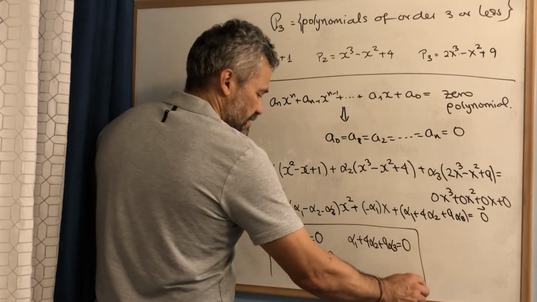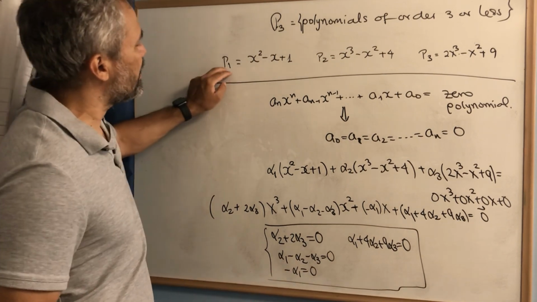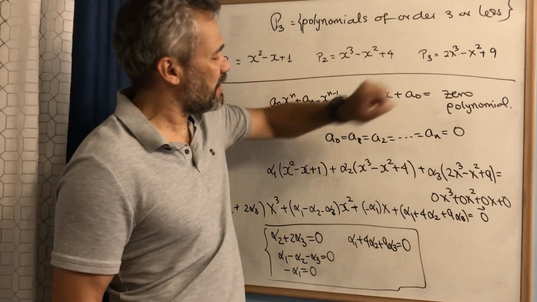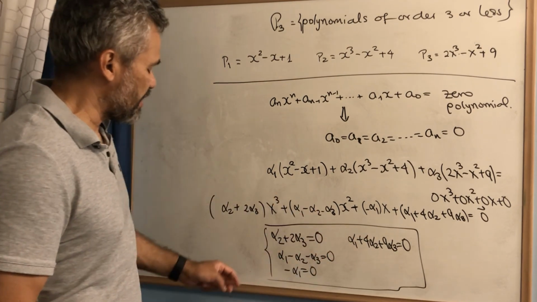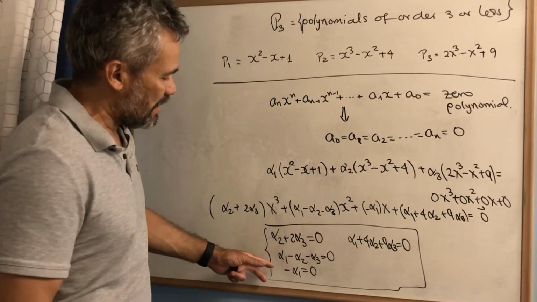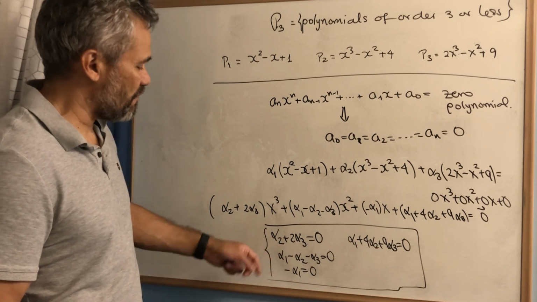Notice that in general when you are checking if some polynomials are linearly independent, most likely you will end up with a homogeneous system. You can write the augmented matrix of this system and do row reduction and find the solution.